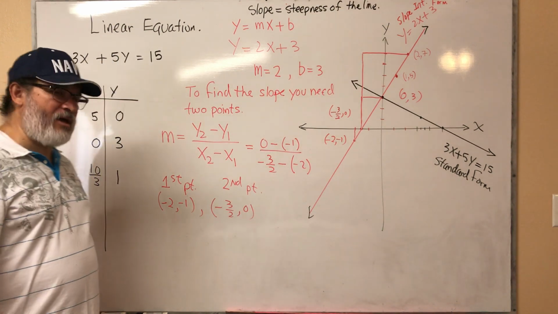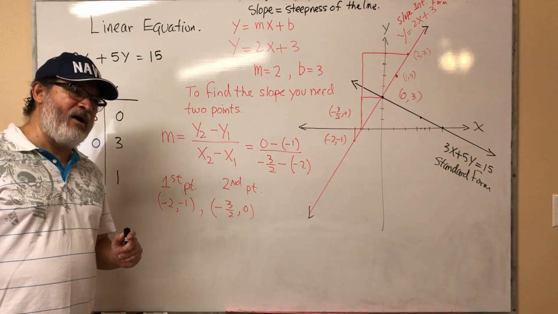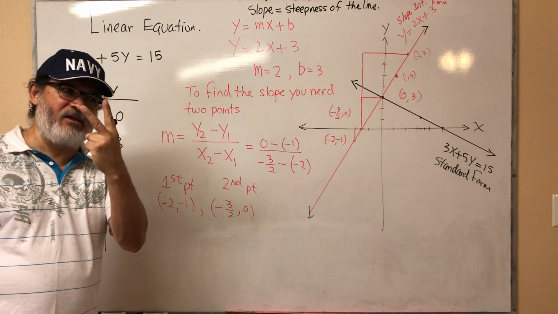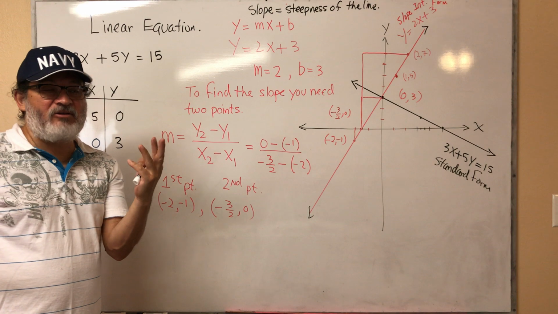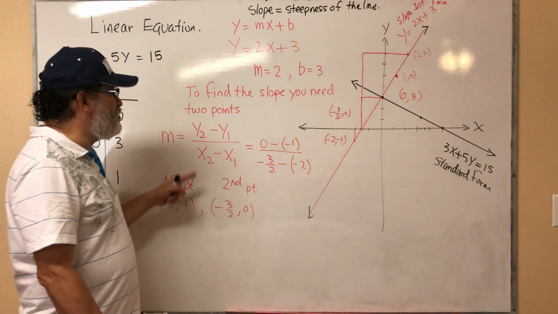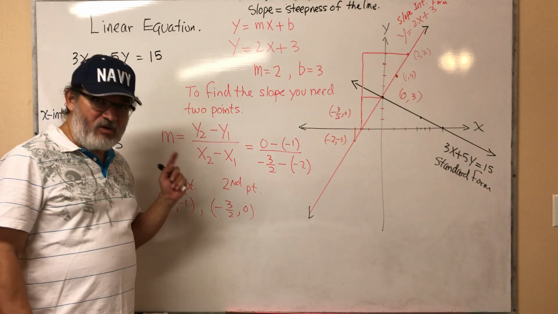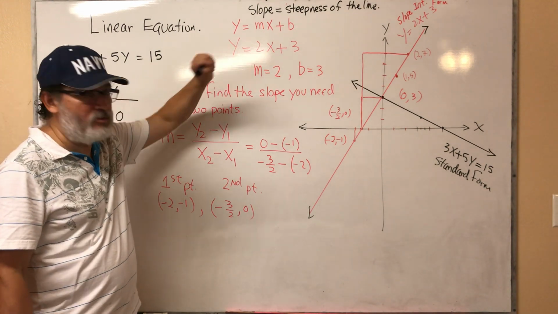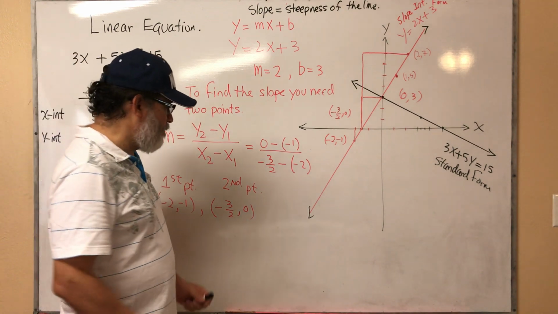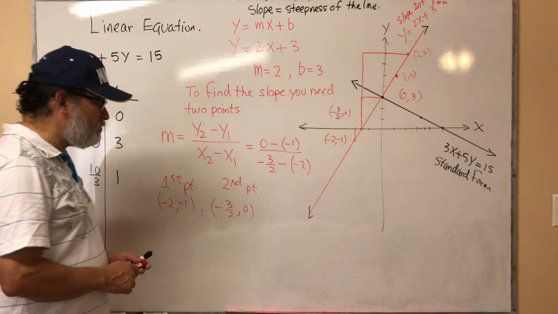I'm trying to find the slope with 2 given points. I don't have to have the graph. I can just have the points. I use this formula and I'm still gonna get 2. Promise you.